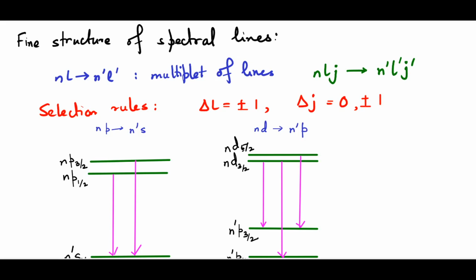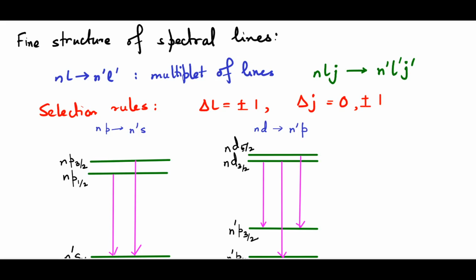But now what has happened is that the line which came from an nl to n prime l prime transition has now become a multiplet of lines which start from the level with labels n, l and j and end up at the level with labels n prime, l prime and j prime.